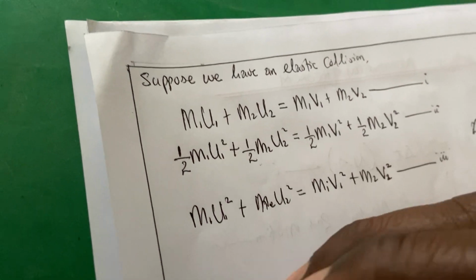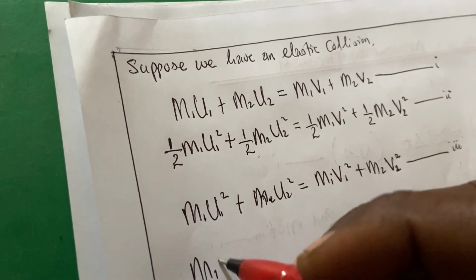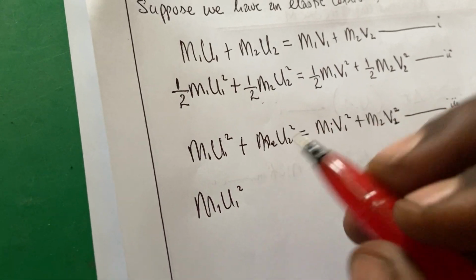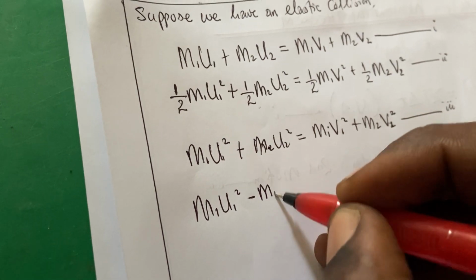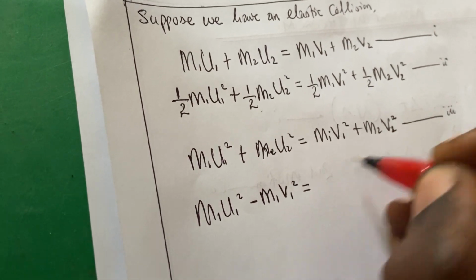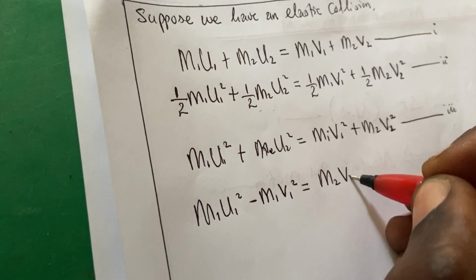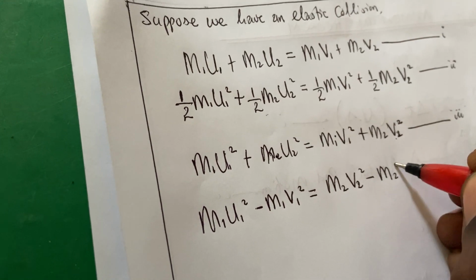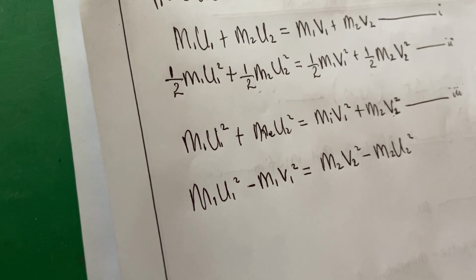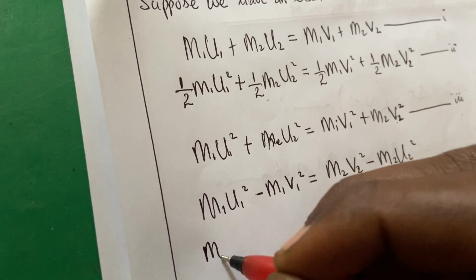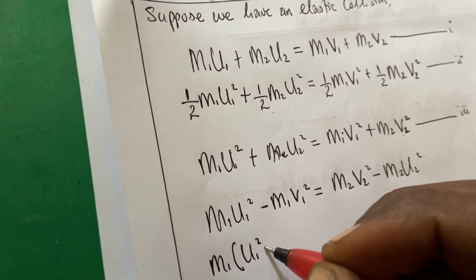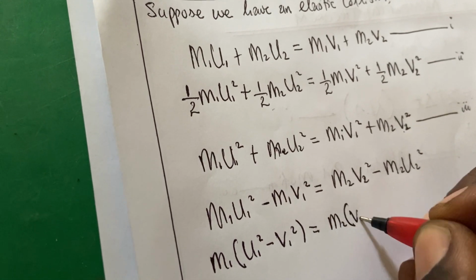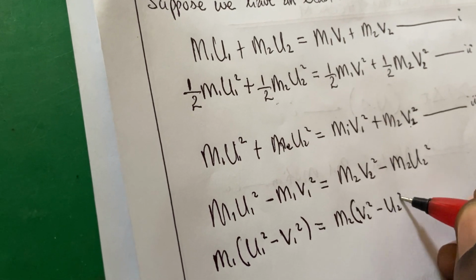So equation 3 now becomes m1 u1 square, minus m1 v1 square, equal m2 v2 square minus m2 u2 square. Now I'm going to factorize m1 out. I have m1 times u1 square minus v1 square equal m2 times v2 square minus u2 square.